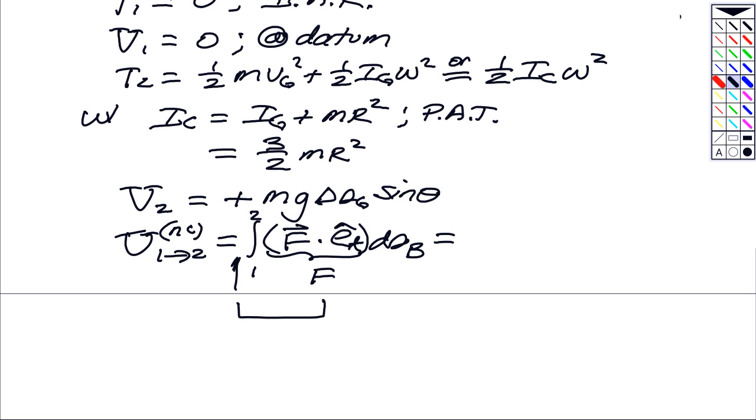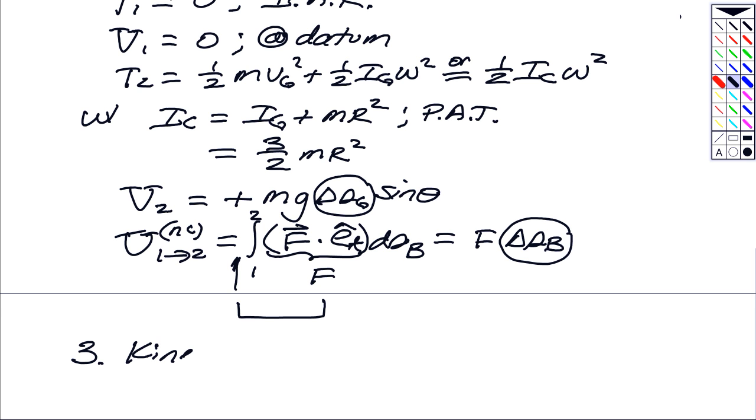So this becomes the applied force F times the distance through which B moves. Note that there's a difference between delta S_B and delta S_G. S_B is how far B moves. We need to be able to relate those two.